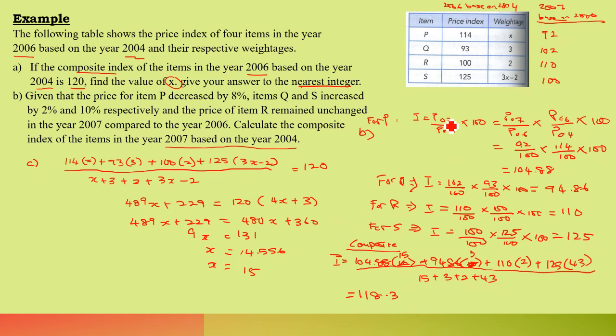So you have to use this formula to find the connection between 07 and 04. What you're given is 07 to 06 and 06 to 04. So you need to connect them and then find the composite index. Okay, so be clear with the question which year they are mentioning. That's very important. You might make a mistake when you see the wrong years.